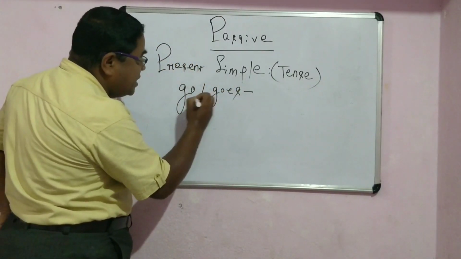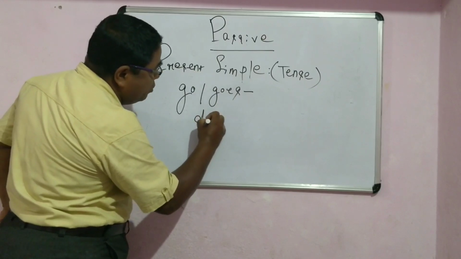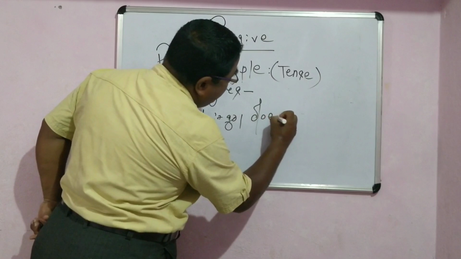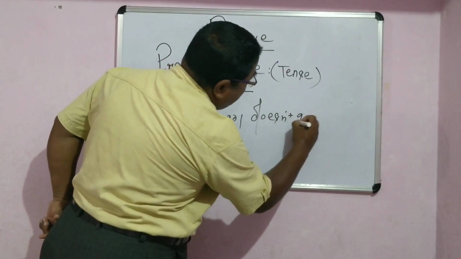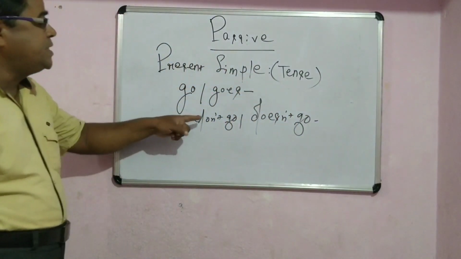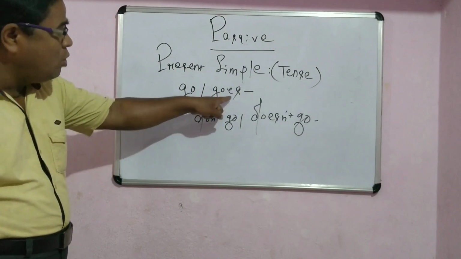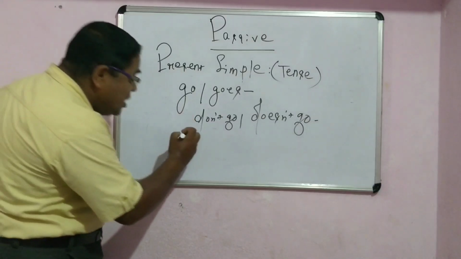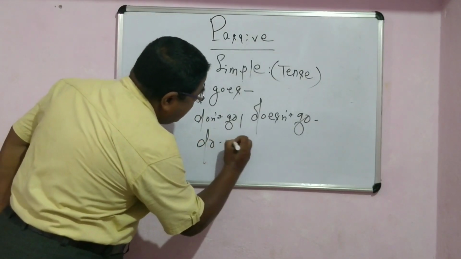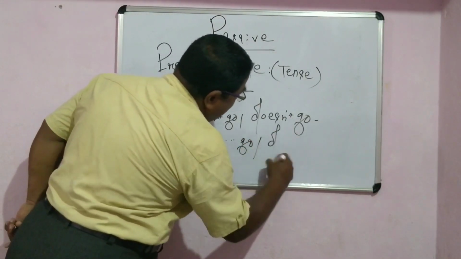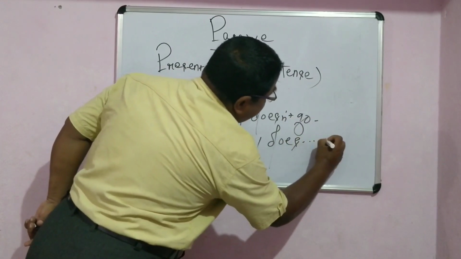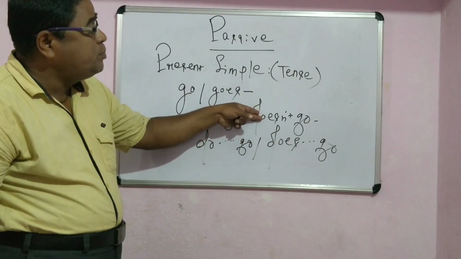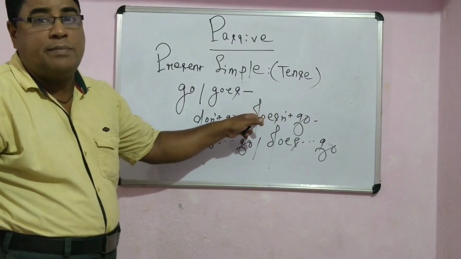If you want to make these two forms into negative, you can use don't go or doesn't go. So don't go or doesn't go also comes under present simple in a negative. Go, goes comes in the present simple form of affirmative. Even the interrogative also: do go or does go. In negative and interrogative, does is used for third person singular number.